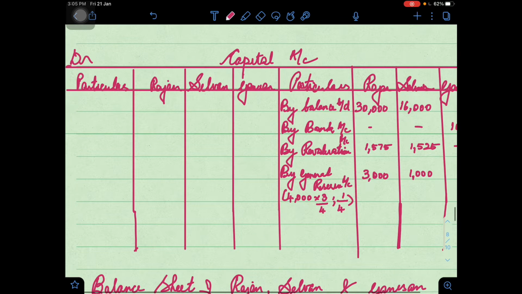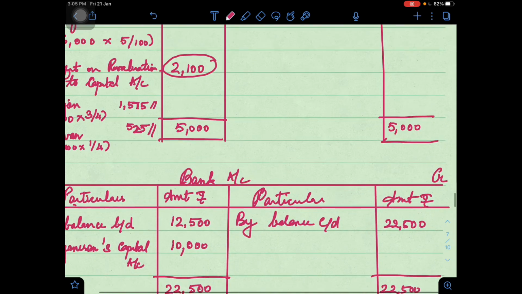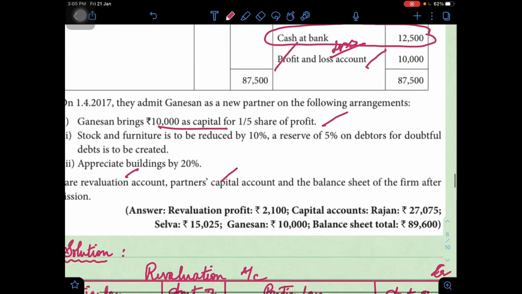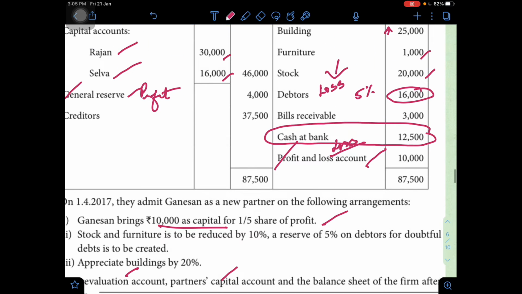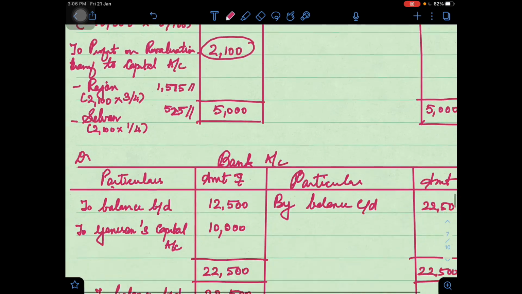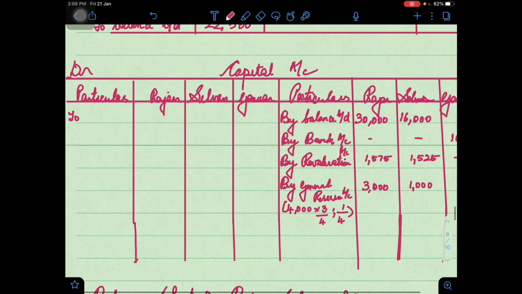Now, what to show on the debit side is the loss that appears in the assets part. Remember, we have this profit and loss of 10,000, which we now take to the profit and loss account. In the same way, 10,000 is divided in the ratio of 3:1, which is 3 by 4 and 1 by 4 for the two partners.